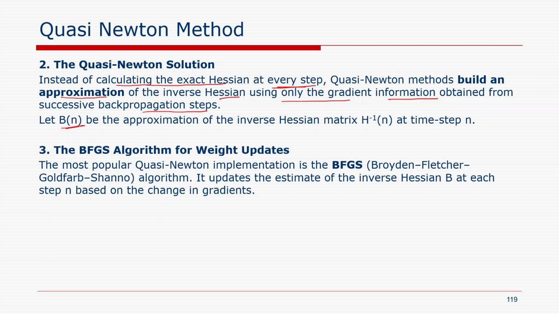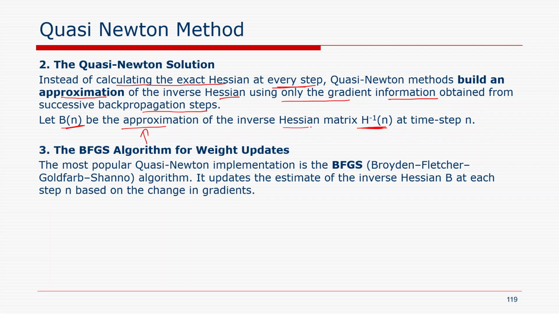Let B(n) be the approximation of the inverse Hessian matrix H(n). We are not going to calculate the exact inverse Hessian matrix; we are going to approximate it and call it B(n). We are not going into the detail of how we find the approximation, but the idea is this.